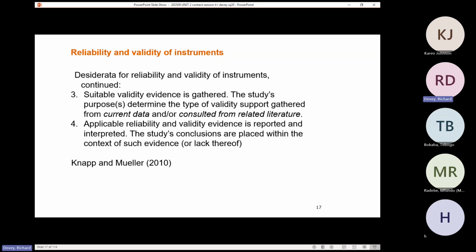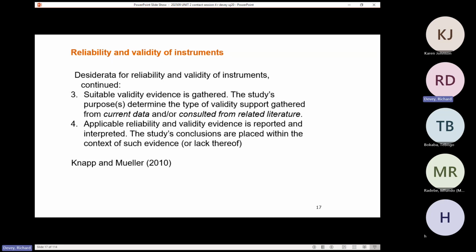Okay, and then the student or the researcher needs to report applicable reliability and validity evidence, and the study's conclusions would be placed within the context of that evidence or lack of evidence of validity and reliability. If a researcher hasn't given any indication of reliability and validity in their paper, you're going to be less convinced by the conclusions.